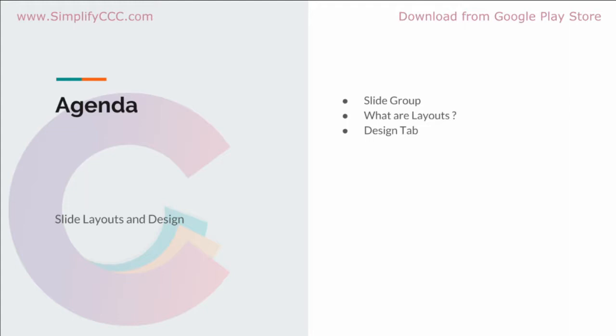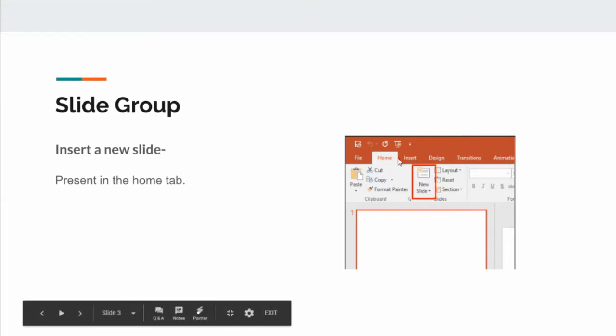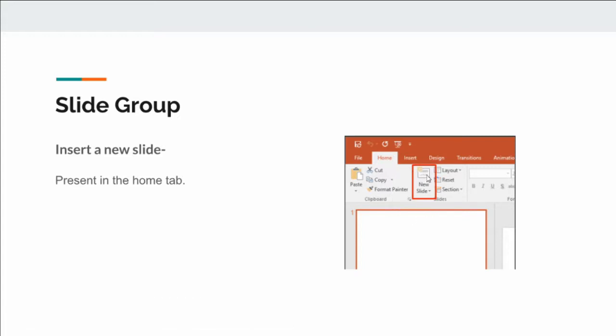So let's start. Slide group, as you can see in the image, is present in the home tab. It is the second group of the home tab and it has many options that we are going to see one by one. Firstly, it has the option of new slide. As we saw in the last video, we inserted the new slide from this option.